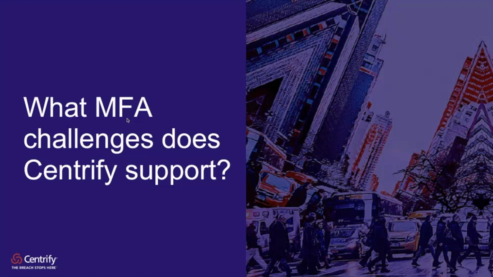With these hacking attempts these days, there's ways to get that information, something you know, right? If you know somebody really well, there's a good chance that you can guess whatever verification questions are being used. So you need to combine that with either something you have or something you are.